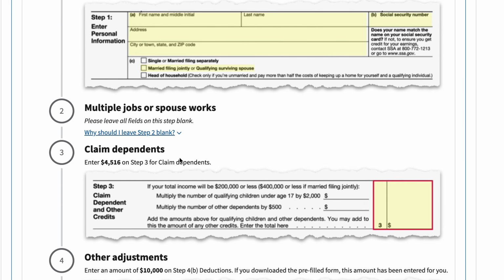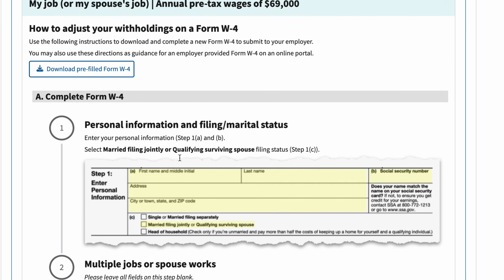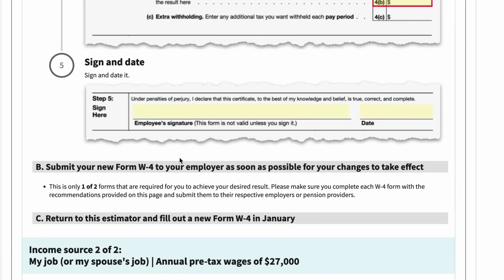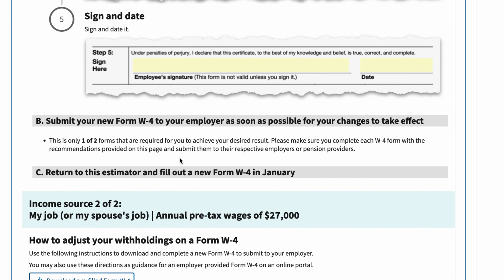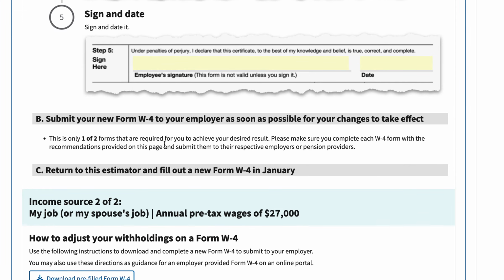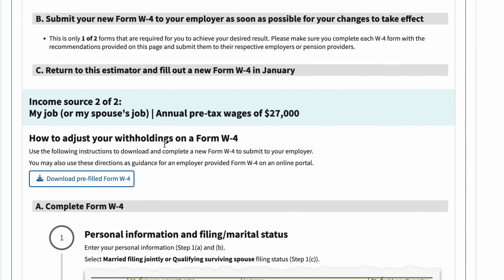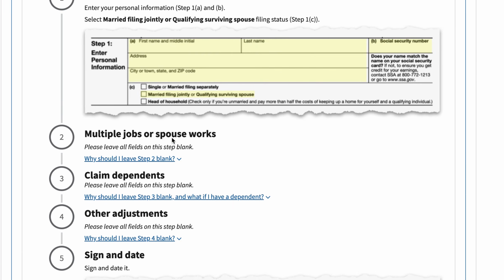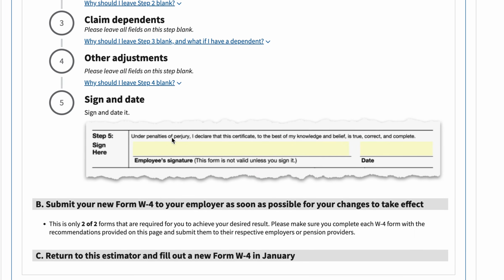This is a pretty good outcome for you, just to make sure that you are properly withholding taxes. Now, if you submit your new W-4, John Doe's spouse may need to complete a W-4 as well.